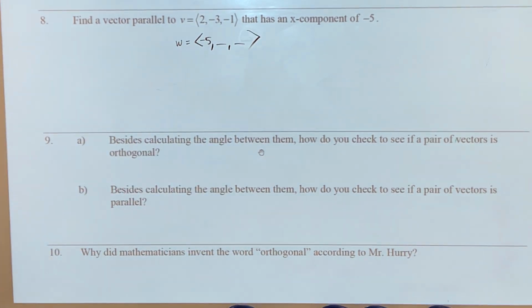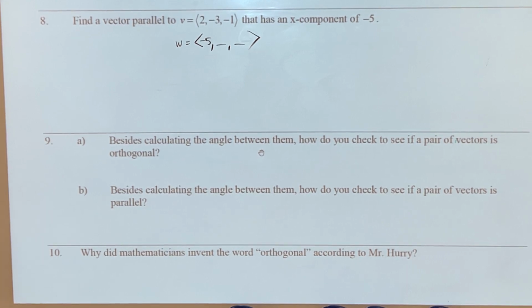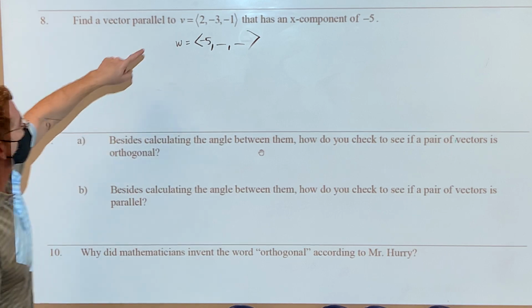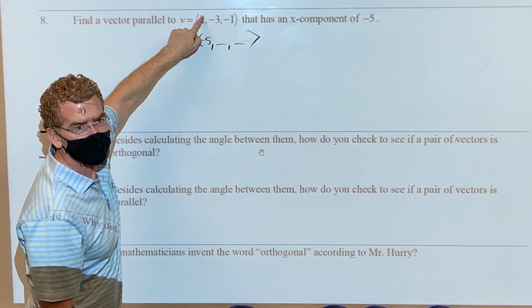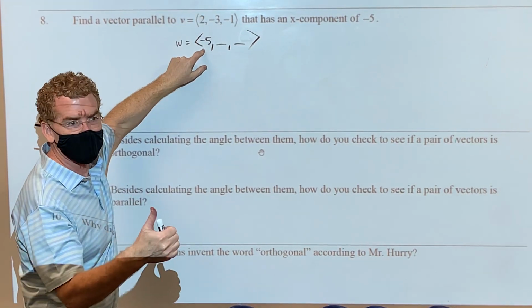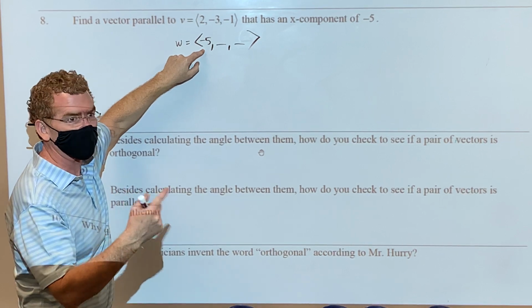How could I find that other vector and still make sure it's parallel? You could. If I multiply everything by -5/2 right there, that would give me -5, which checks that box. And we know if they're parallel, they're scalar multiples.